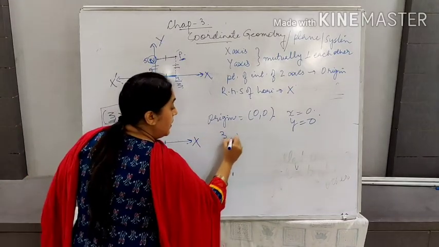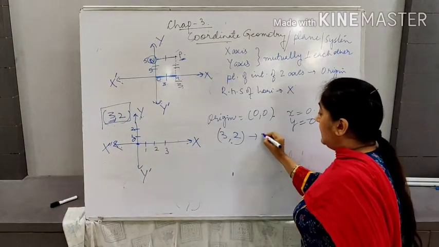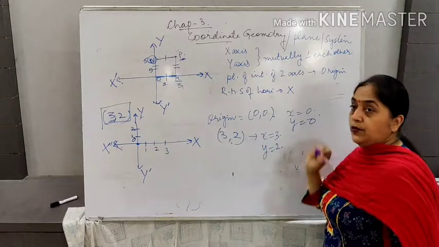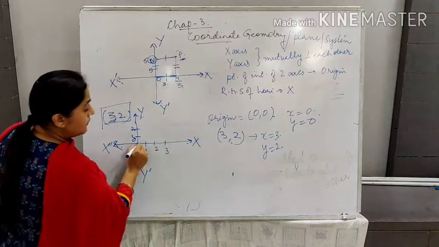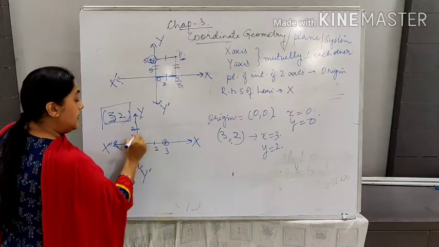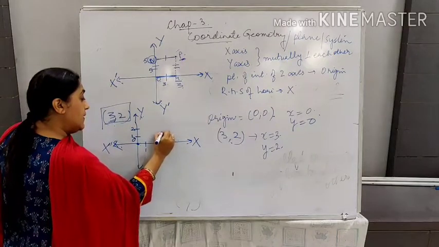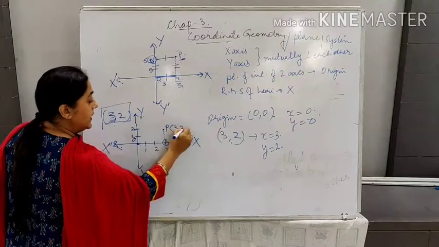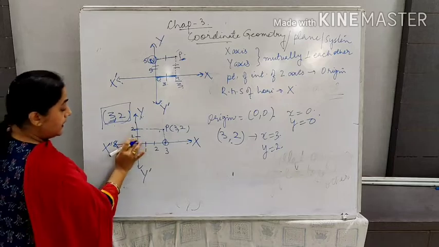When I am talking about the ordered pair (3, 2), I am saying that x is equal to 3 and y is equal to 2. This is the distance from the origin to this point on the x-axis. This is 3 and here it is 2. What will you do? You will just move from here and where the 2 comes, you will write this point as (3, 2). Right?